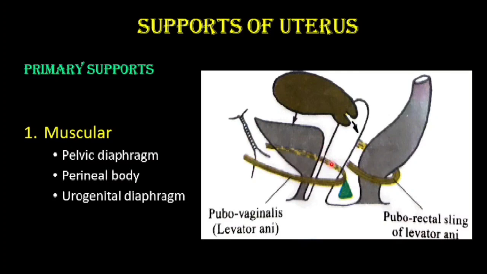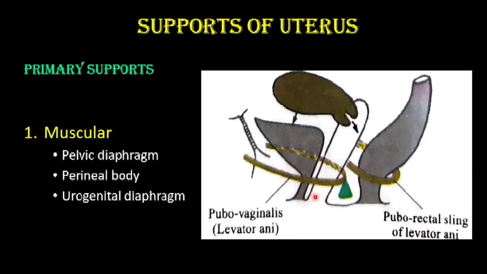Now the green colored region that is marked here is the perineal body, which is a fibromuscular node that is seen between the vaginal and the anal orifices. Now the pubovaginal part of the levator ani converges towards this perineal body and it narrows the hiatus urogenitalis. The hiatus urogenitalis is the region through which the urethra and vagina traverse.